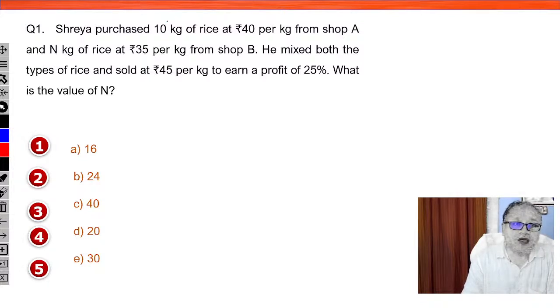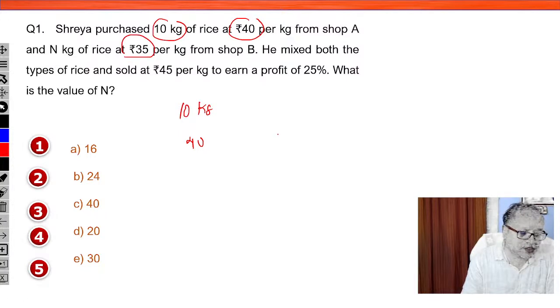So Shreya purchased 10 kg of rice for rupees 40. Still I don't get the answer from anyone. So let's take that this is 10 kg of rice at rupees 40 per kg, and n kg of rice at rupees 35 per kg.